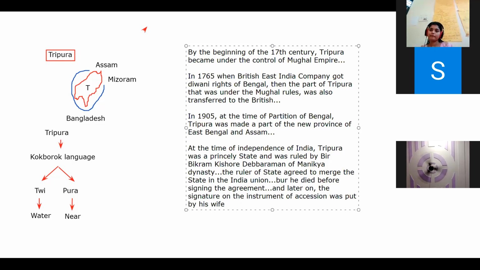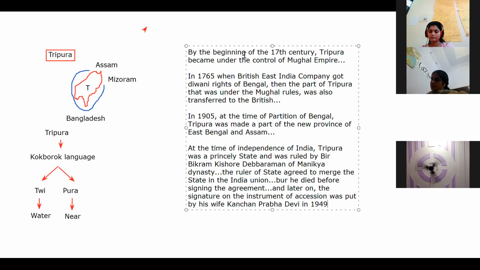She was the head of the presidential council at that time, Kanchan Prabhadevi. So Kanchan Prabhadevi was the lady who put his signature on this instrument of accession in 1949.